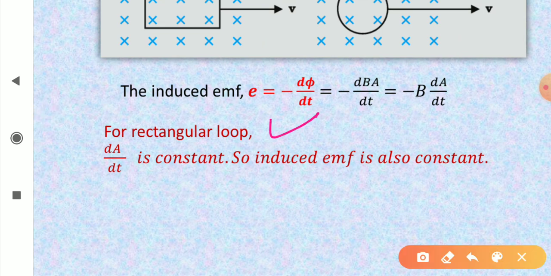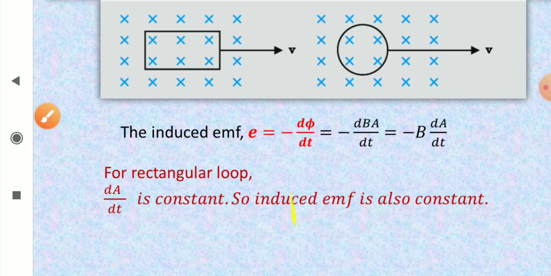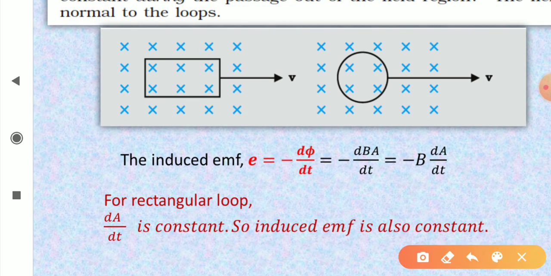So for the rectangular loop, the rate of change of area will be constant, so induced EMF will also be constant. You see, this rectangular loop is moving out with constant velocity v, so the rate at which the area leaves this magnetic field will be constant.